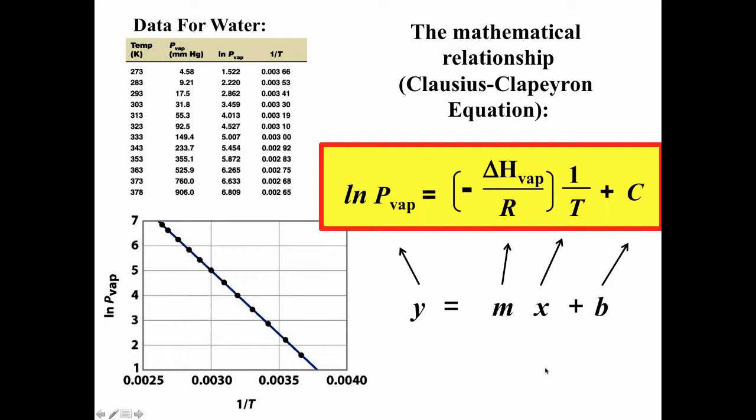Now, there's a number of things we can do with this. One is, if we know pressure and temperature values, vapor pressure at a given temperature, we can use that to determine the enthalpy of vaporization for the substance.